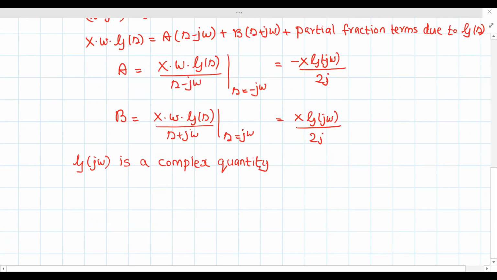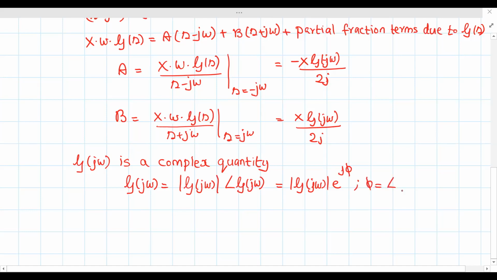So I can write my g of j omega as mod g of j omega, that is the magnitude, and angle of g of j omega, that is the angle. Or in Euler form, I can straight away write mod g of j omega e raised to j phi. What is phi? Phi is nothing but the angle of g of j omega.